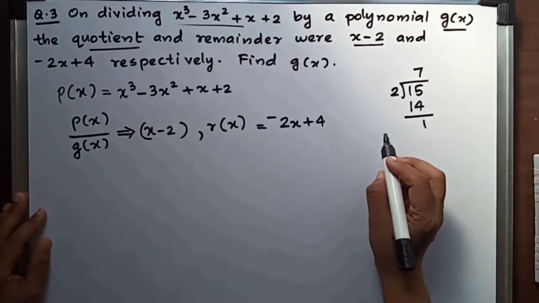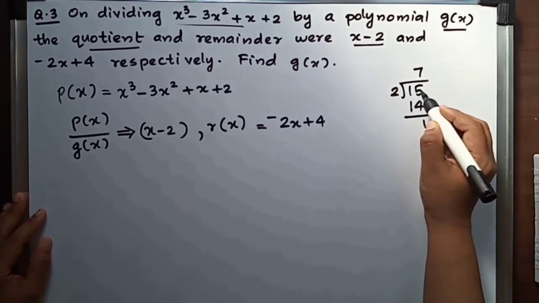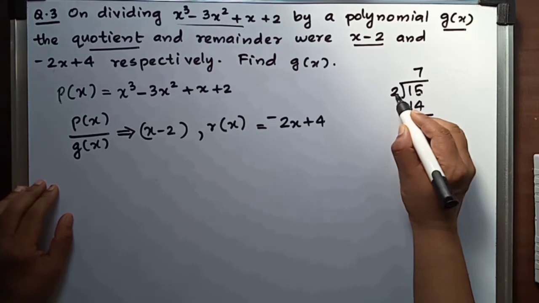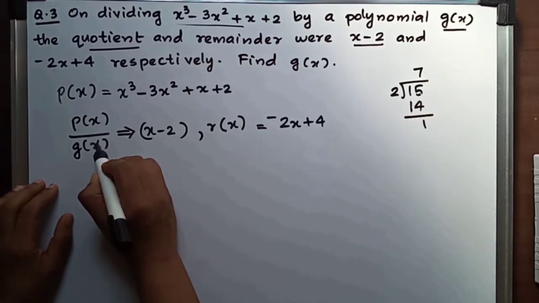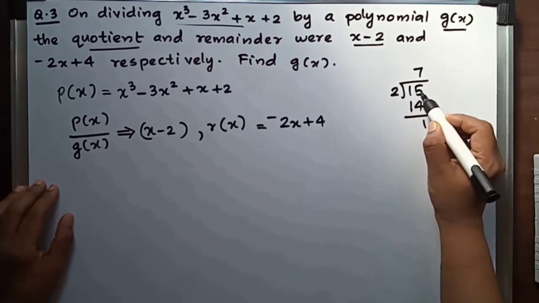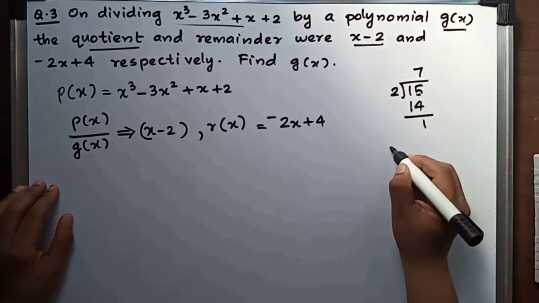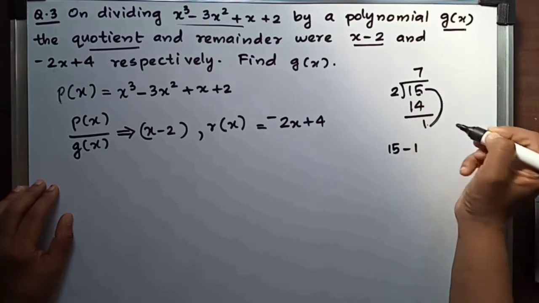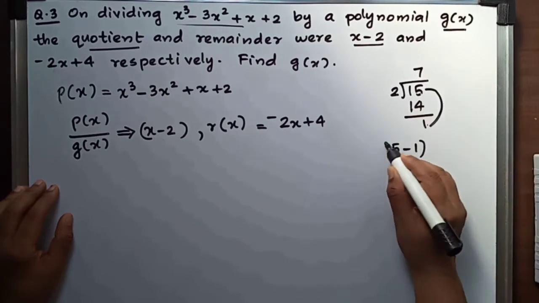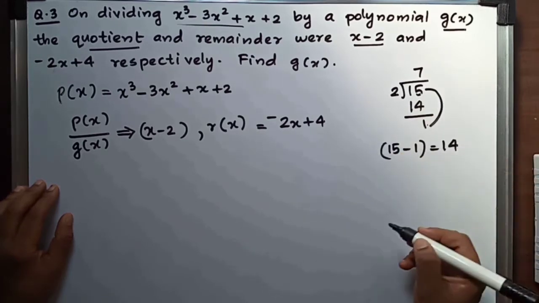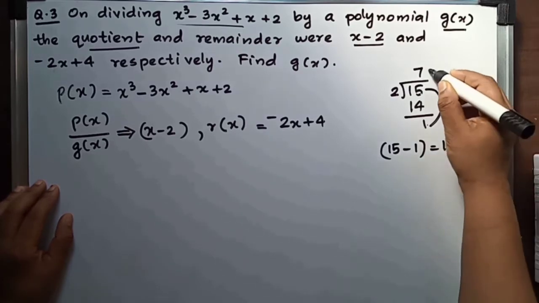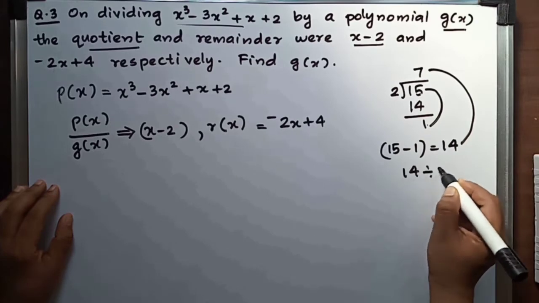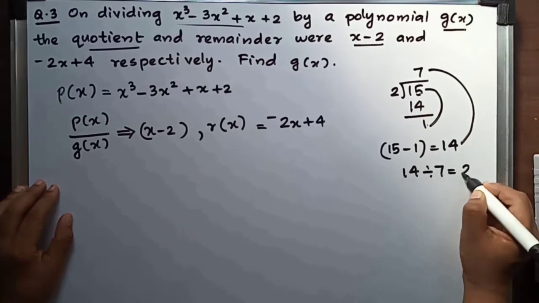Just think about it. Here 15 is the number which is divided by 2. Here p of x is divided by g of x. Now 15 minus this remainder, I will get 14. 14 when divided by the quotient, I will get 2.